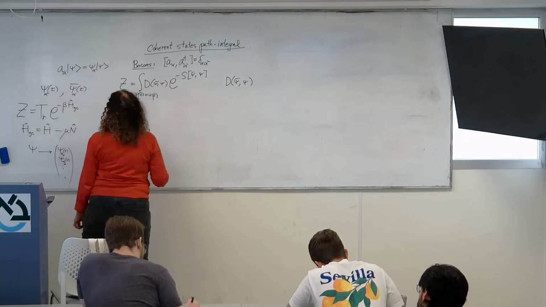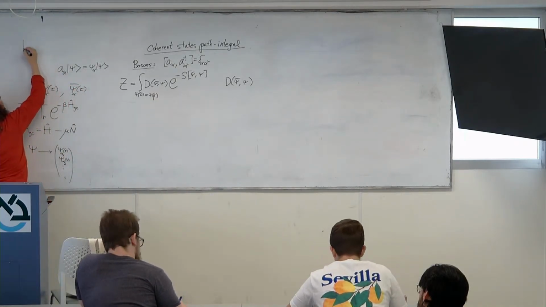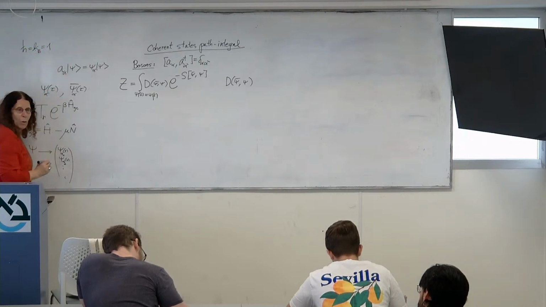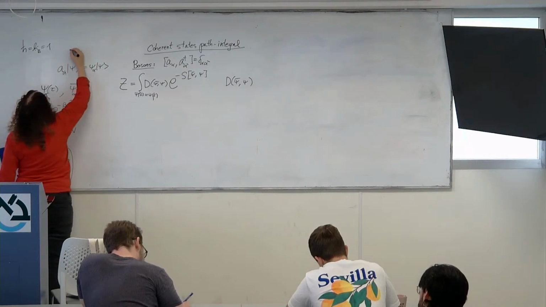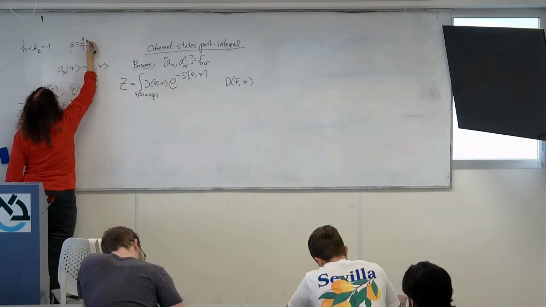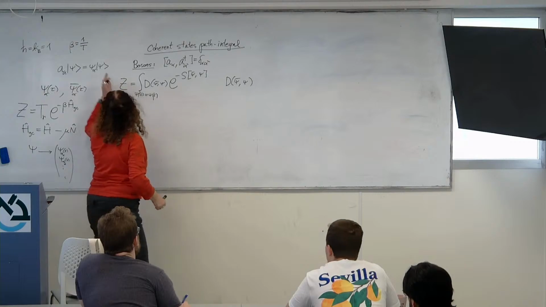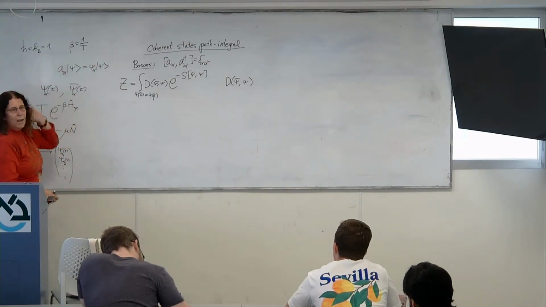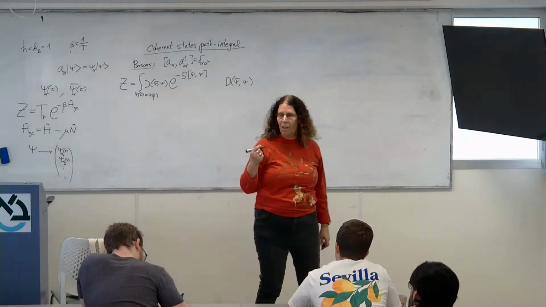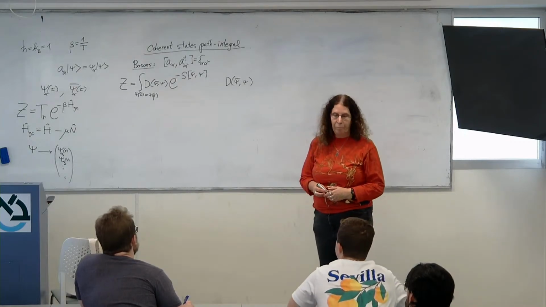And I also remind you that throughout this whole lecture, we work in units where k Boltzmann and h bar equal 1. So beta is the inverse temperature. That's the same beta that appears here. And in these units, beta has dimensions of time, because frequency, temperature and energy are all the same.